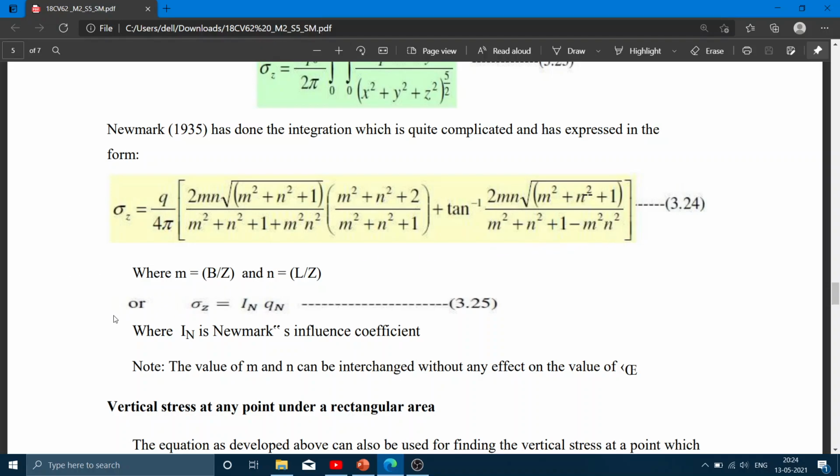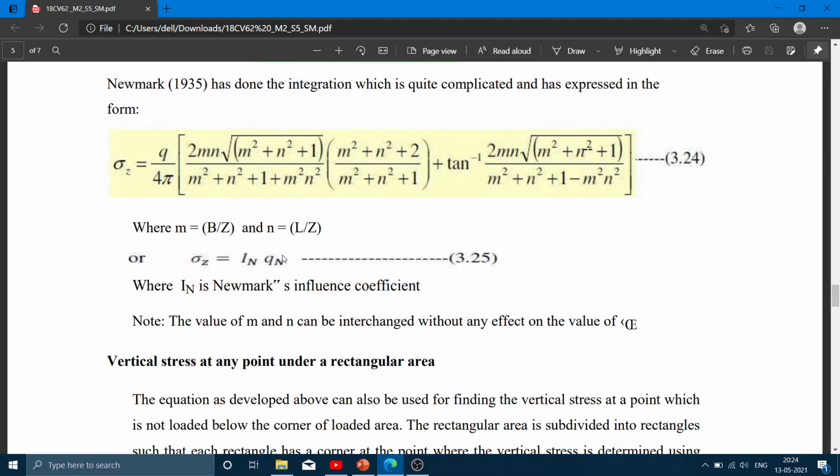So simply after that you can simplify in terms of In and q. So sigma z is equal to In into q, where In is the influence coefficient.